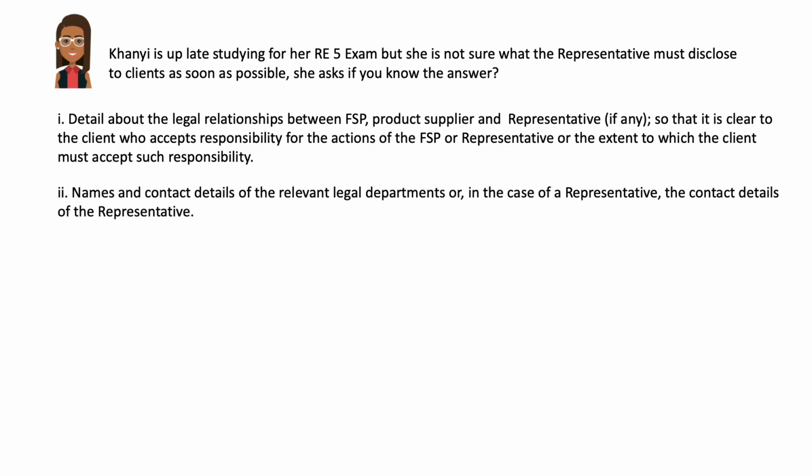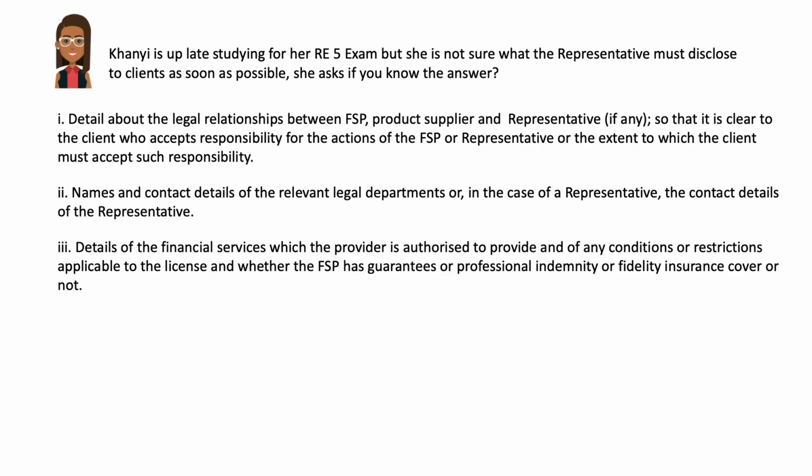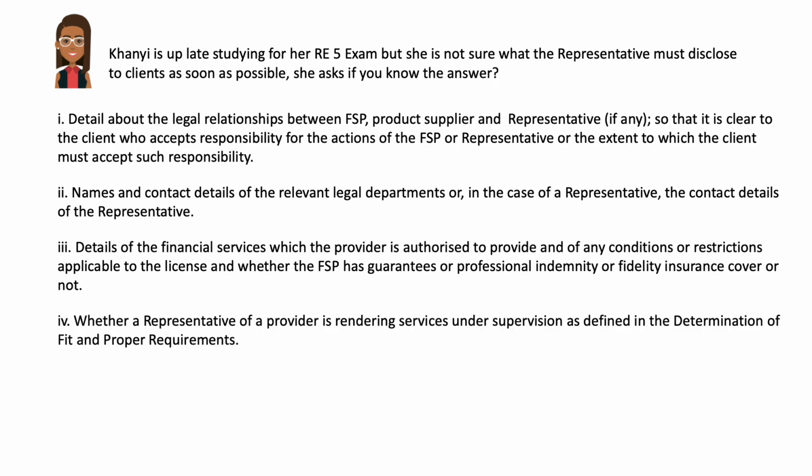2. Names and contact details of the relevant legal departments, or in the case of a representative, the contact details of the representative. 3. Details of the financial services which the provider is authorized to provide and of any conditions or restrictions applicable to the license, and whether the FSP has guarantees or professional indemnity or fidelity insurance cover or not. 4.